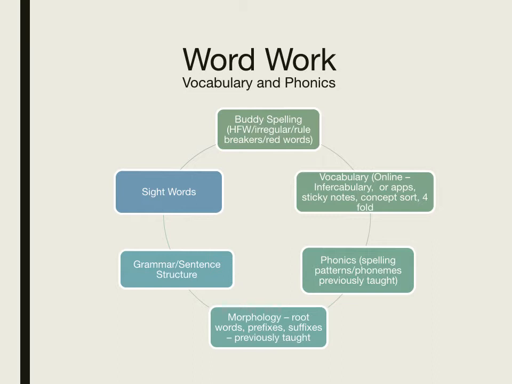And they would put these into their buddy spell books. Their buddy would test them on their words once a week. The words that they didn't get right, they would apply a multisensory approach to try to remember those words.